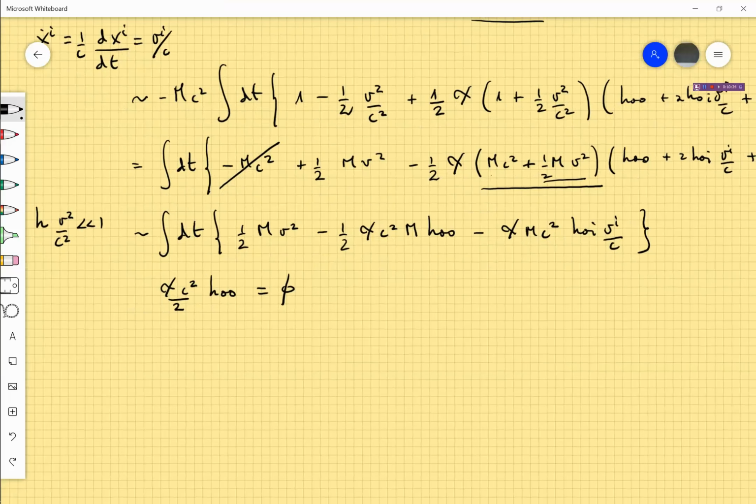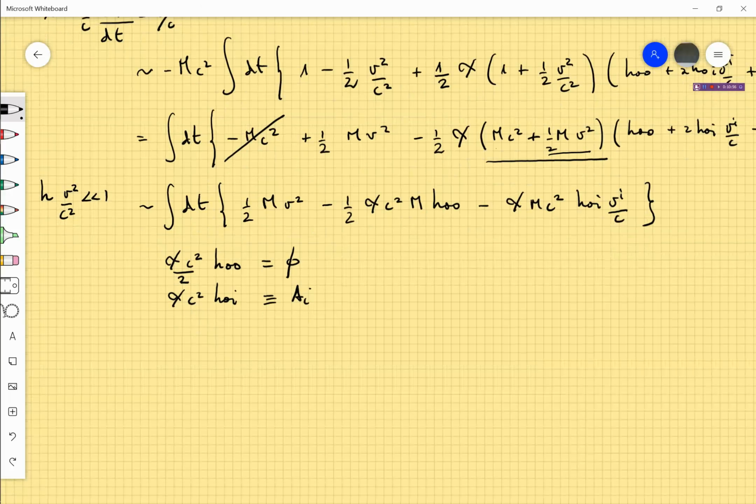And we are going to add to this the definition that chi c squared H0i, I'm going to call AI. It's like a three-dimensional vector, which is the kind of vector that one considers in Newtonian theory.